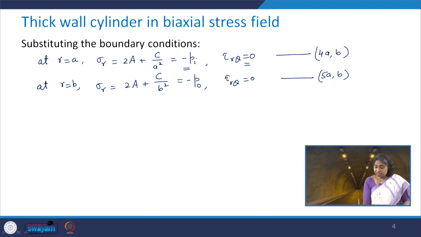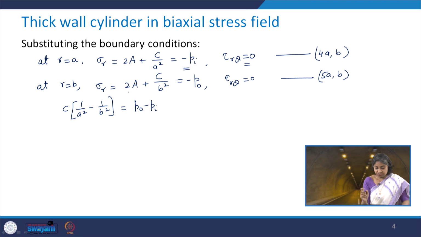Now, from these two equations, if you just subtract, see what you will get: this 2a and 2a will get cancelled out. So what you will have here is c times 1 upon a square minus 1 upon b square, equal to p naught minus p i.